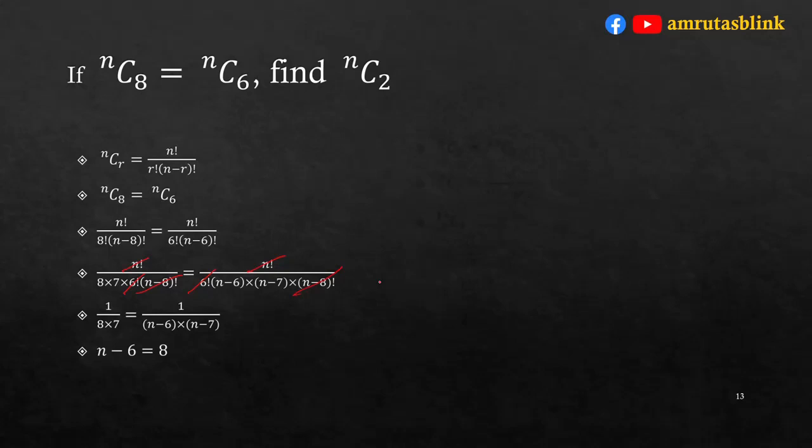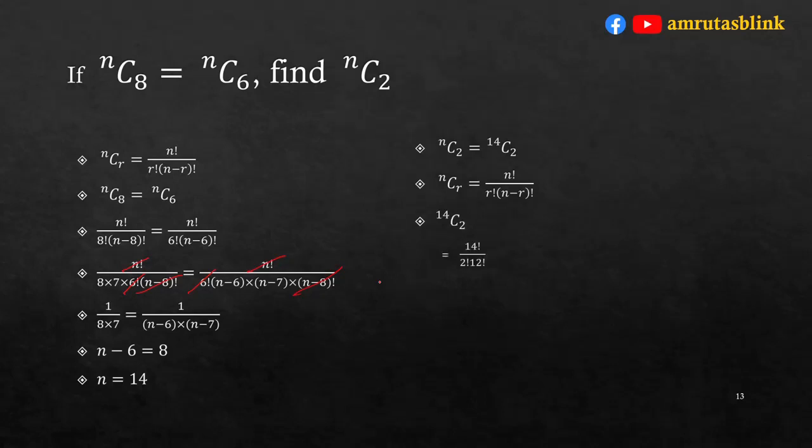That is 8 into 7 is equal to (n minus 6) into (n minus 7). The bigger number would be n minus 6. Hence n minus 6 is equal to 8, that is n is equal to 14. Now by using this n we need to find out the value of nC2, that is 14C2.